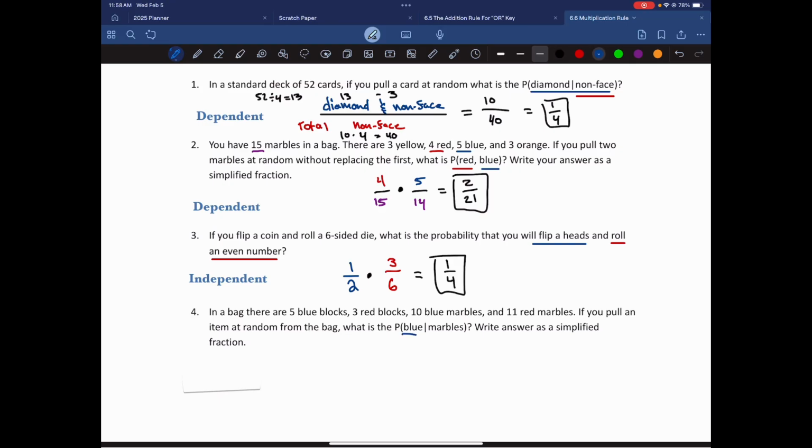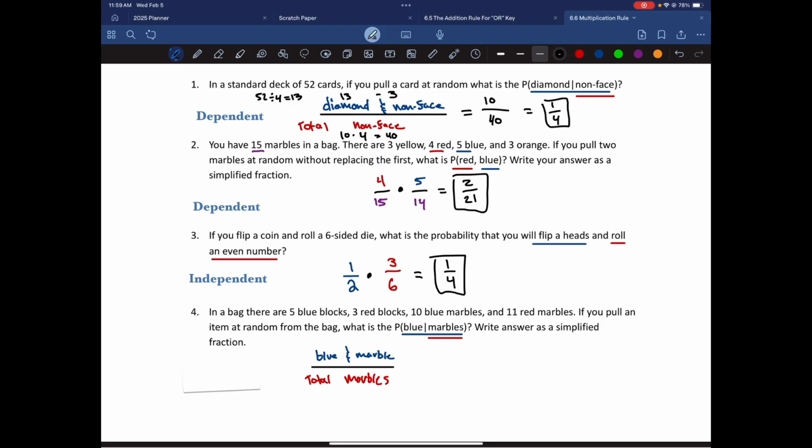Our numerator is going to be both of these together, so blue and marble. And my denominator is going to be just my second one, or marbles in this case. But total marbles is what I'll put here because that makes me think about all of the marbles.